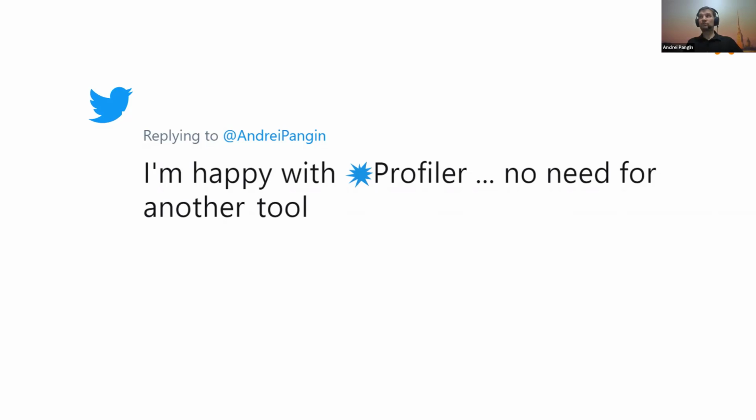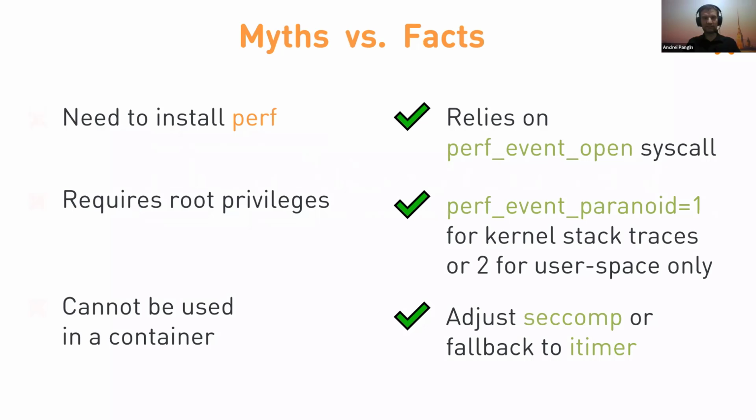It's not necessarily. Root privileges are not required to run perf. Actually, I have this somewhere at the end of my slides. Oh yeah, myths and facts about async-profiler. First of all, the misconception that I hear too often is that you need to install perf in order to use async-profiler.